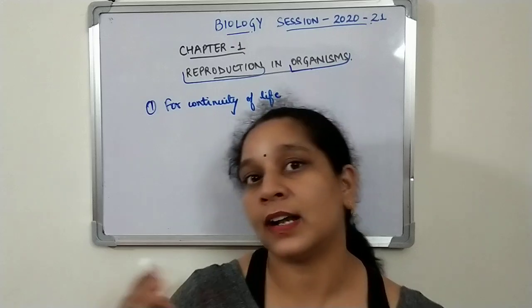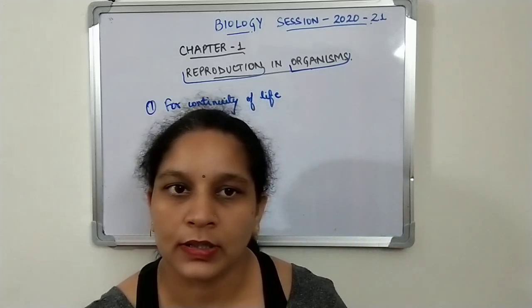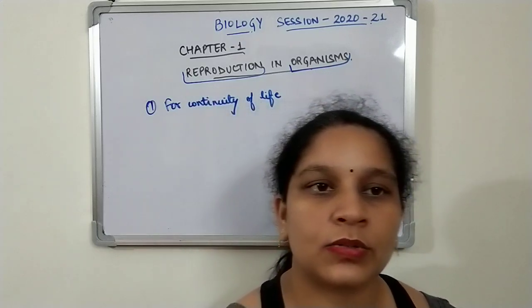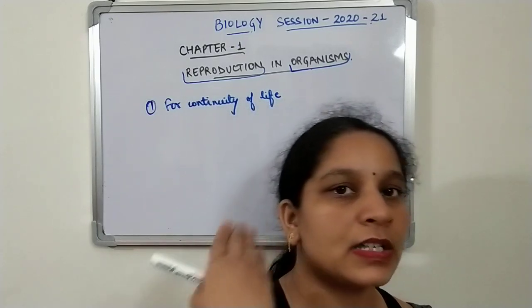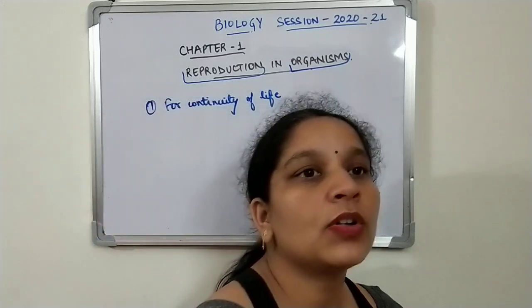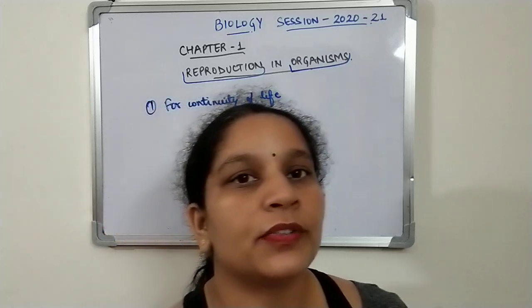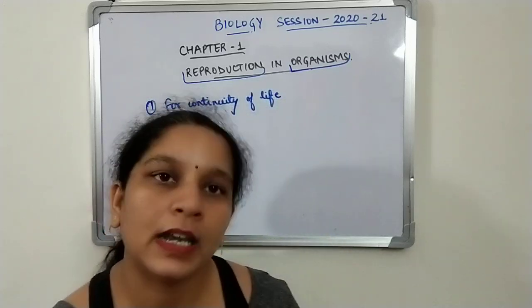Likewise the series goes on. The ancestors give rise to offspring, and those offspring give rise to their own offspring. This is known as the continuity of life. Without continuity of life, we would not be able to see the species after a few years of their lifespan.